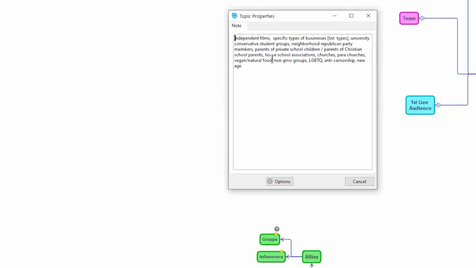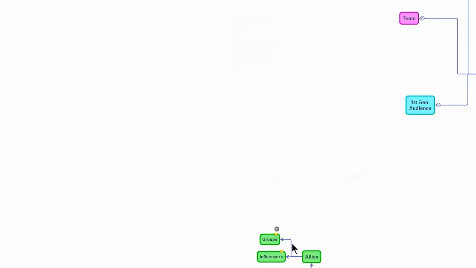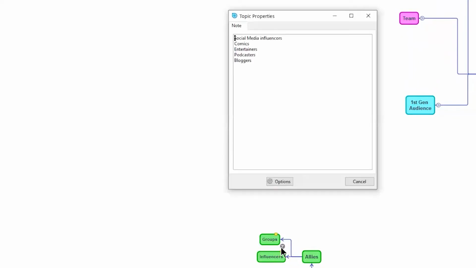And so identifying these groups allows the organization to take limited resources and apply them thoughtfully in a sniper-like fashion to specific groups.